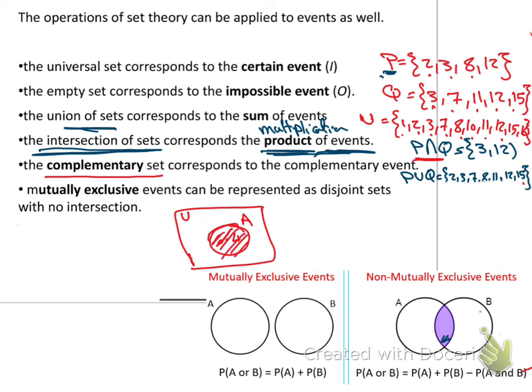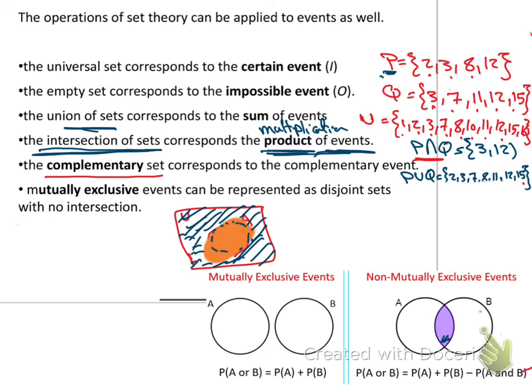If I remove this one, it will be everything else. I can say I'll put my thumb here, I'll hide this one, and anything else outside this A will be the complementary.